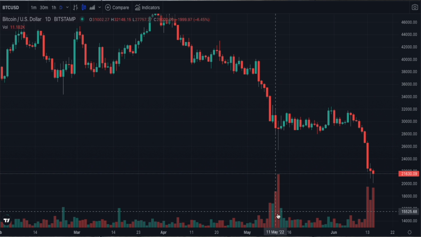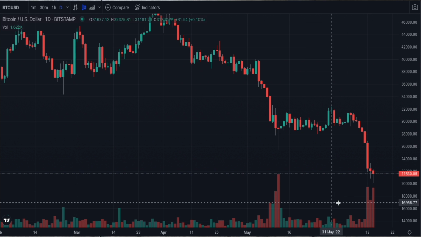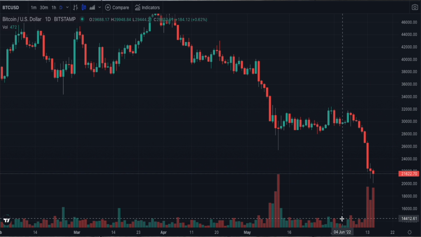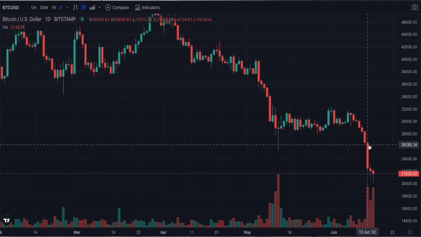That's the thing that can be tricky about this volume stuff. You look at these bars and you see a giant red bar like this, or giant red bars here, and you think, oh, that's all just sellers. But remember that you can't just have sellers; somebody has to be on the other side of every single transaction. So the only reason these are red versus green is the color of the bar that they are matched up with.